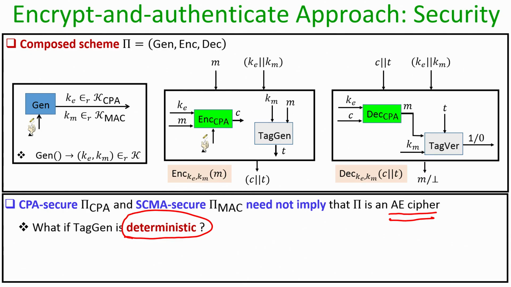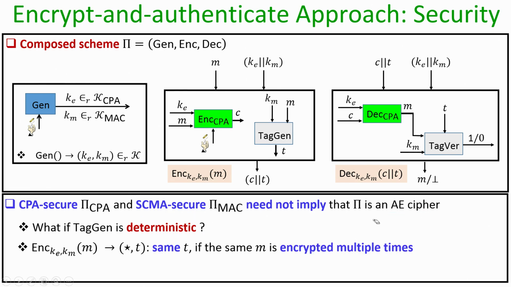So, now imagine that we are instantiating this Encrypt-and-authenticate approach using a MAC whose tag generation algorithm is deterministic. If this is the case, then an encryption of a plaintext M with a key ke, km as per the composed scheme will always produce a ciphertext where the T part of the ciphertext will remain the same.